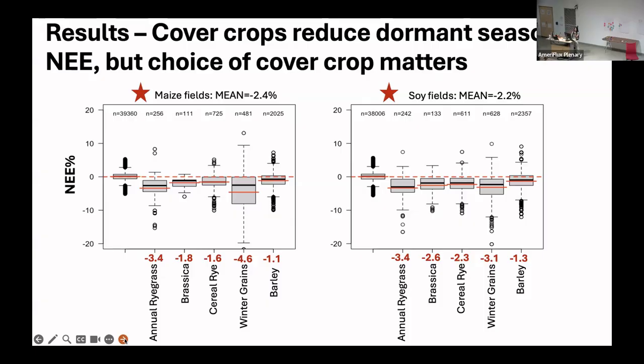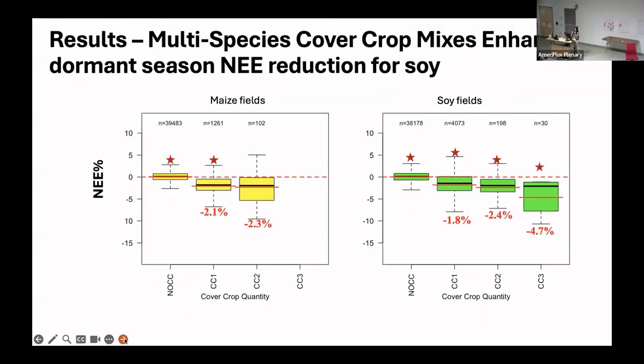So different species just have a different ability to take up carbon. This figure is really interesting: I separated the species into different cover crop quantities. Especially for soybeans, you can see a really significant trend that if you have more biodiversity in the cover crops in that field, you can take up carbon more efficiently.